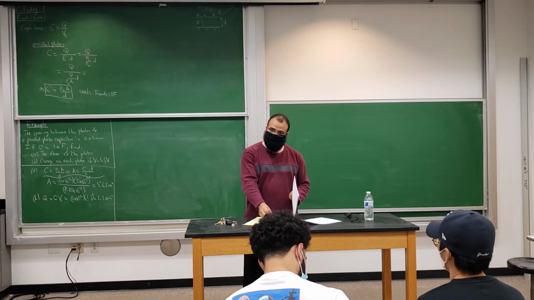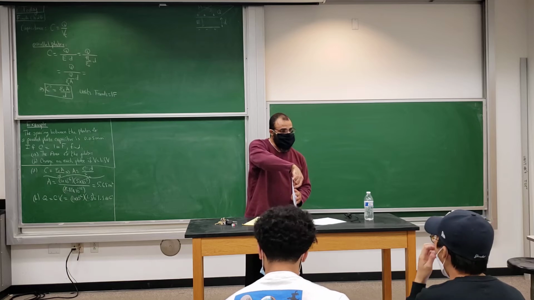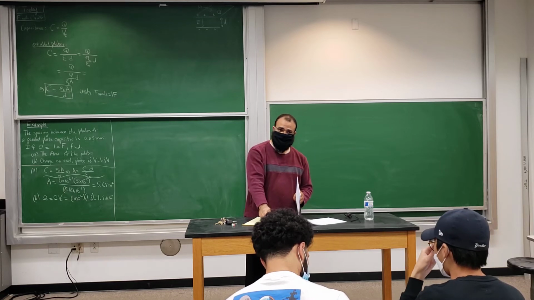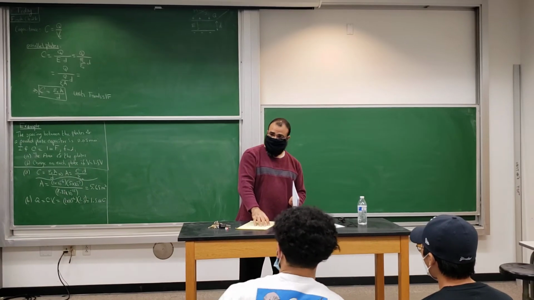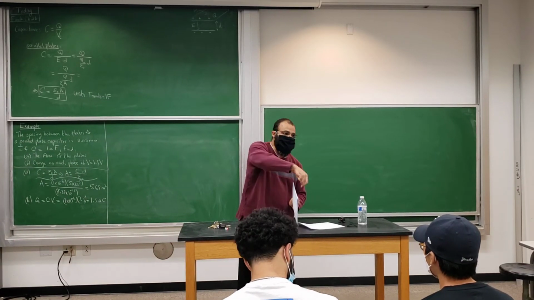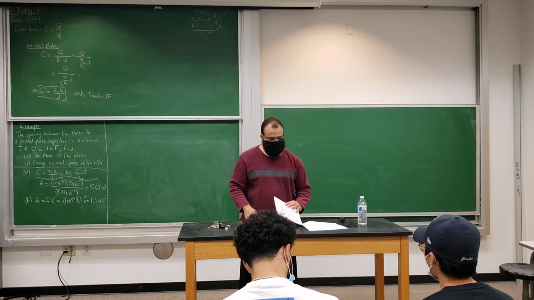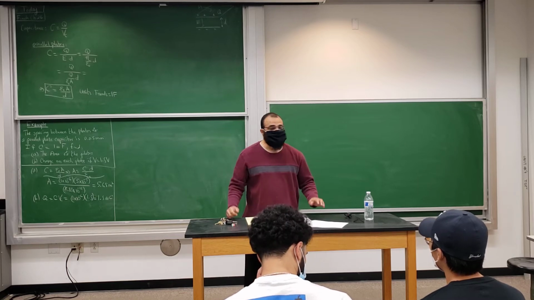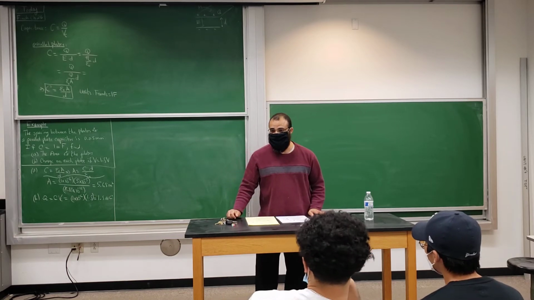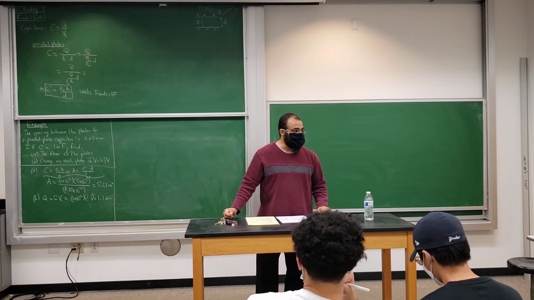You remove one charge from this one and put it on this one. If I remove an electron from this one and place it on this one, this becomes net positive since I removed the negative charge, and this one becomes net negative. And keep doing the process. The only problem is you can't reach in with your hand and do it. That's where a battery comes in handy, and you can use it to charge the capacitor.